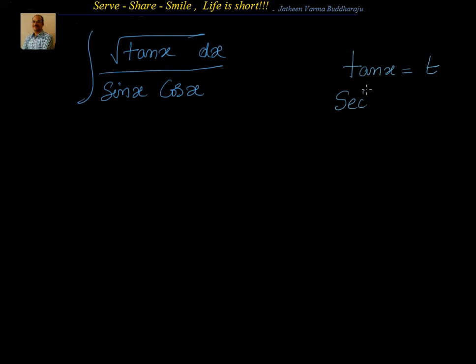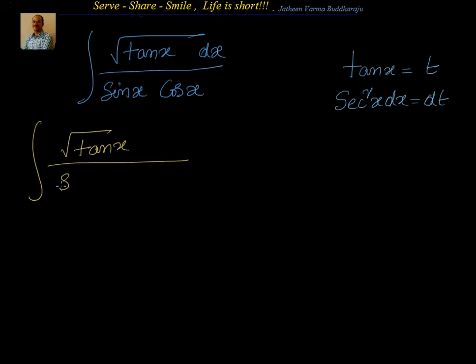So we'll say tan x equal to t, we will have secant square x dx is equal to dt. So I'll try to convert this. First I'll write it down, root of tan x will be as it is, then I'll have sin x and cos x, then dx is equal to dt by secant square x.